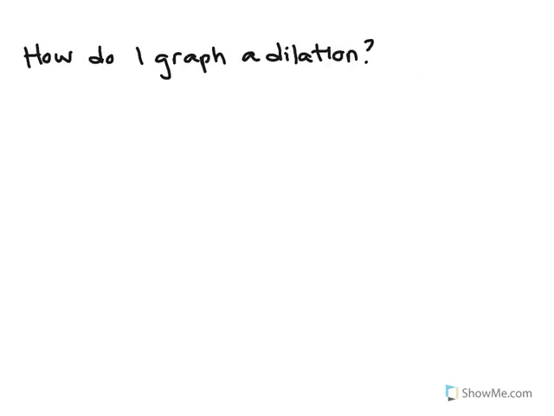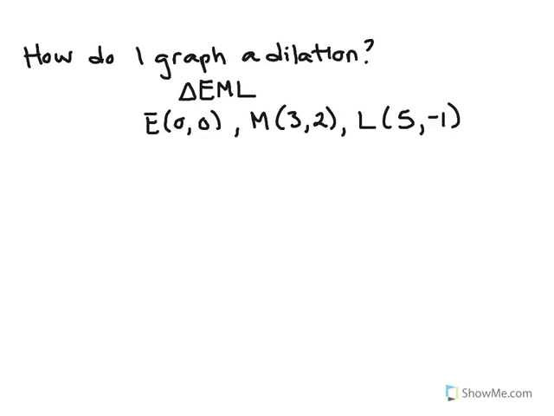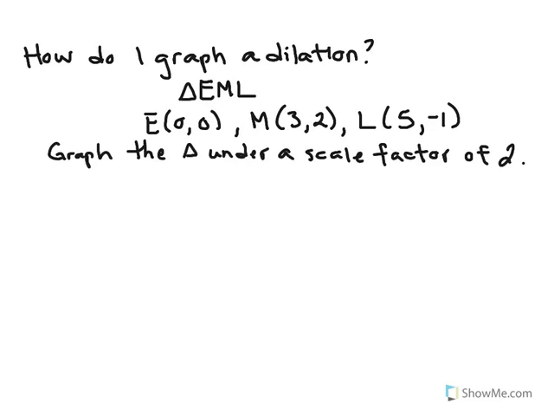So now, how do I graph a dilation? Let's say I have a triangle in a coordinate plane with these coordinates. I have triangle EML: E is at 0, 0, M is at 3, 2, L is at 5, negative 1. I'm going to graph the triangle under a scale factor of 2.